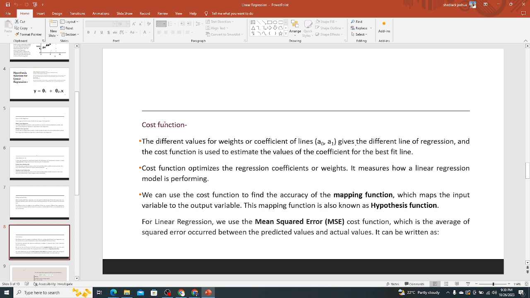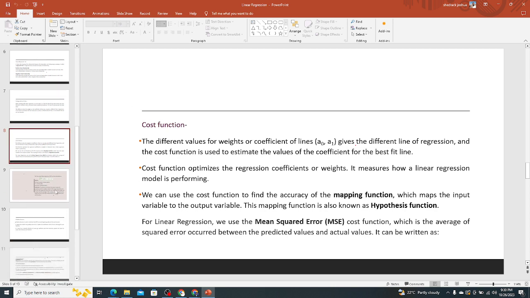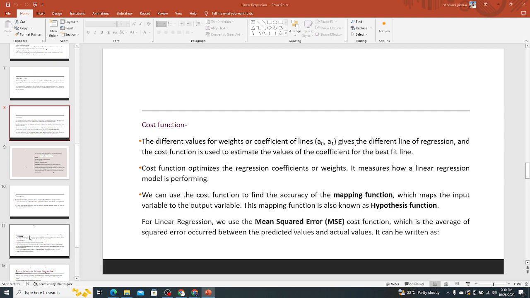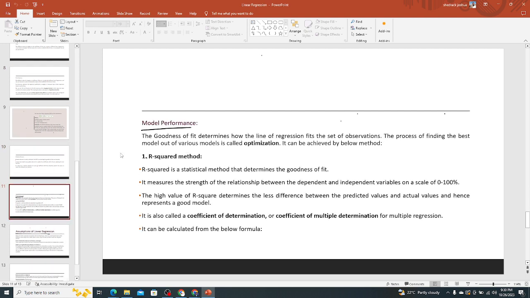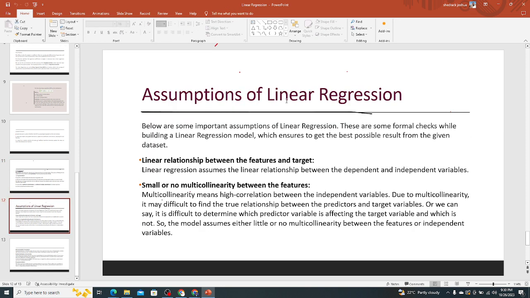After that, we'll come to model performance and assumptions of linear regression, and then we'll jump directly to the practicals.